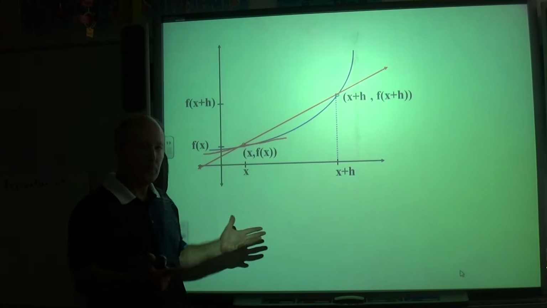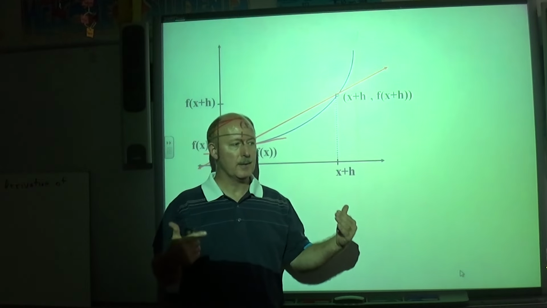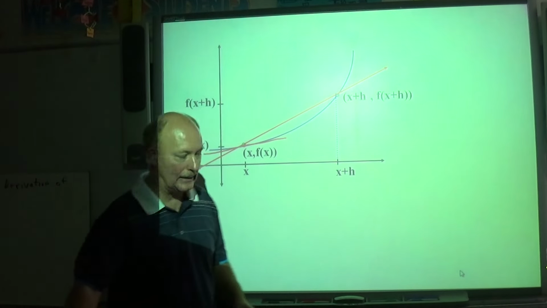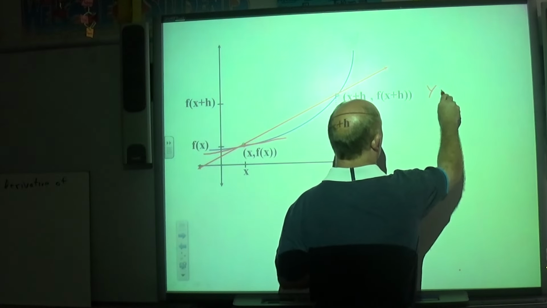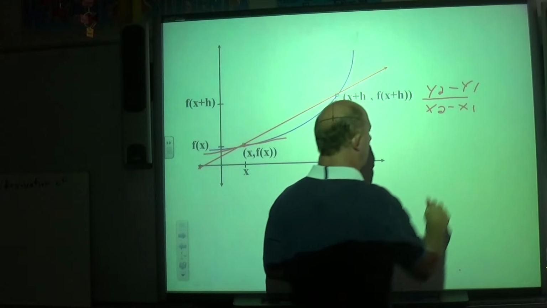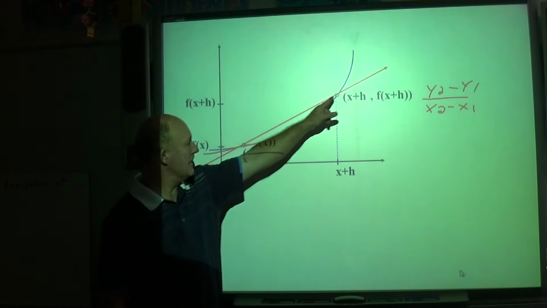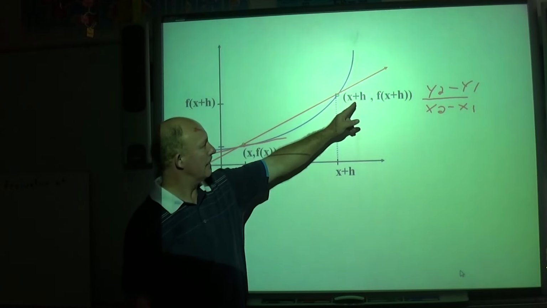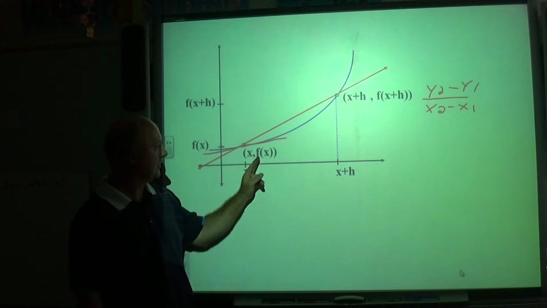Now, we all know how to get the slope of a straight line. It's just y2 minus y1 over x2 minus x1. And that's basically what we're looking at when we describe the slope of the secant line. So we've got our two points: x plus h, f of x plus h, and x, f of x.